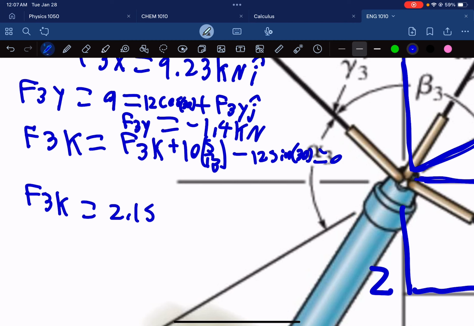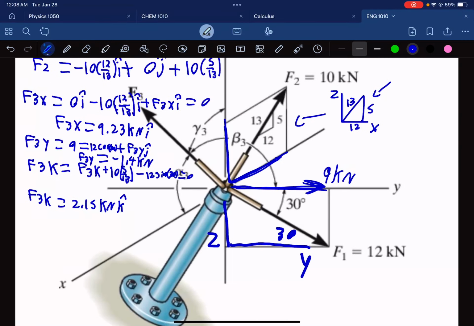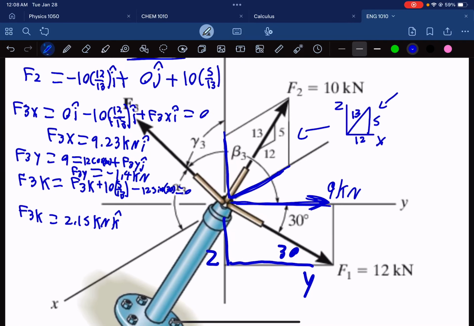If you bring this over, this goes positive. 12 sine 30 is 6. If you subtract 10 and 5 over 13, which should be 3 something, you're going to get 2.15 kilonewtons in the k direction. So now we have all our F3 components.